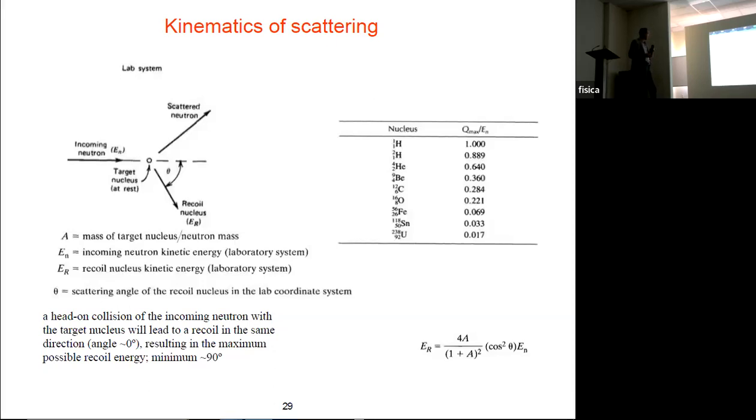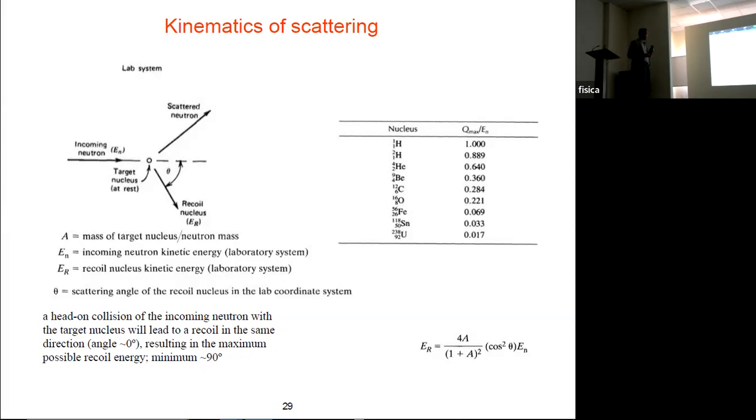And if you look at this formula, you can see that the energy of the recoil goes to the maximum when the cosine is equal to 1. That happens when you have a head-on collision, when the angle is actually 0.